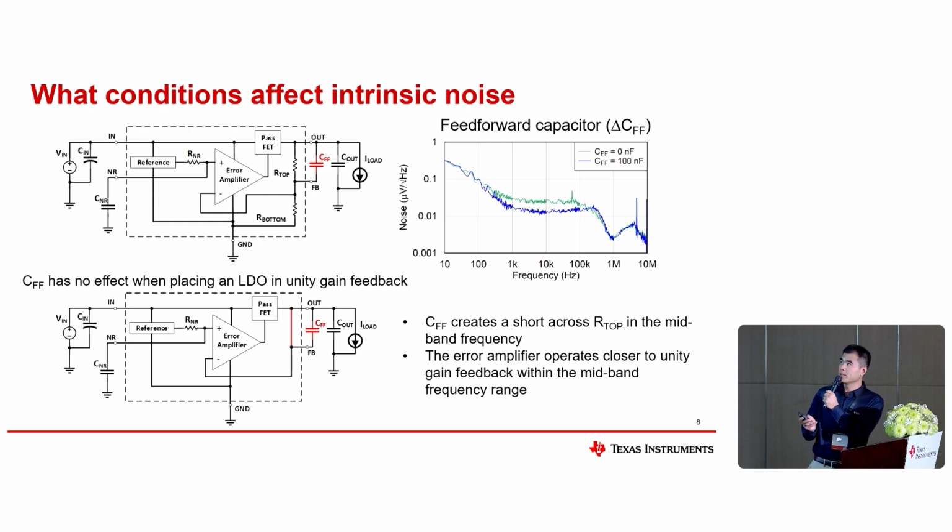Indeed, there is some influence. Even with a feed-forward capacitor of only 100 nanofarad, it can improve a little bit. But if the error amplifier input reference voltage is the same as the output, even if we add the feed-forward capacitor, it doesn't matter for the noise.